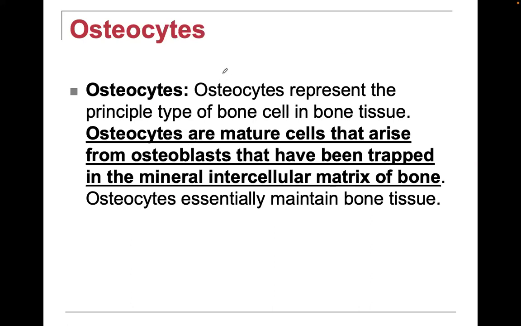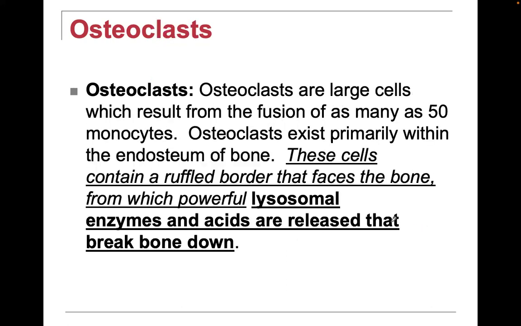Now, when the osteoblast gets stuck in its lacunae, it's now called an osteocyte, which is a mature cell that helps to maintain bone. And the osteoclasts, these are the cells that originate from monocytes.